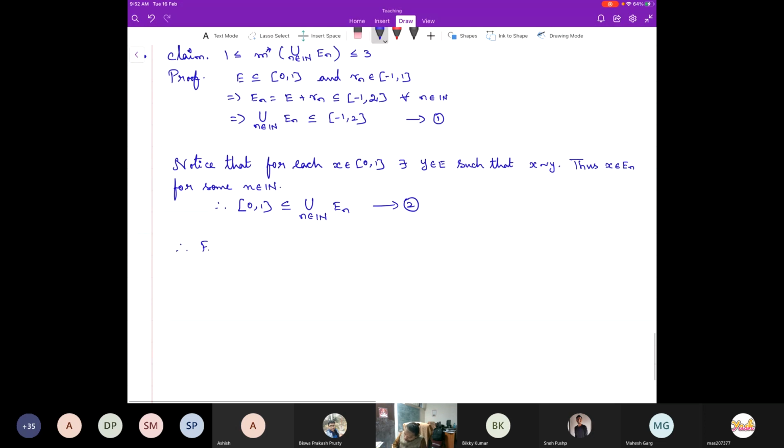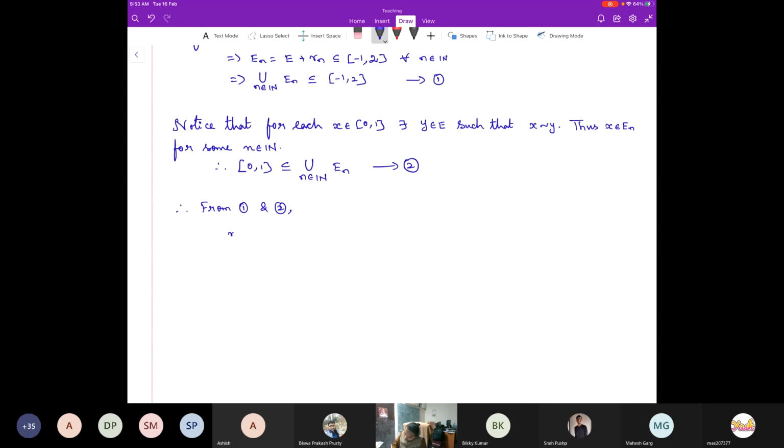Therefore, from 1 and 2, what do we have? M star of [0, 1] is less than or equal to M star of the union, which is less than or equal to M star of [-1, 2].